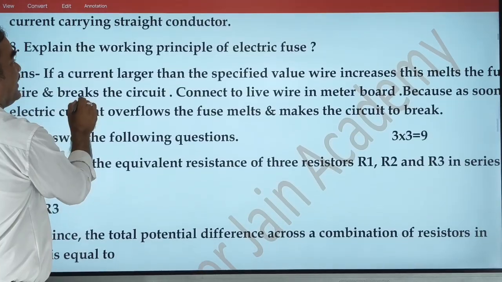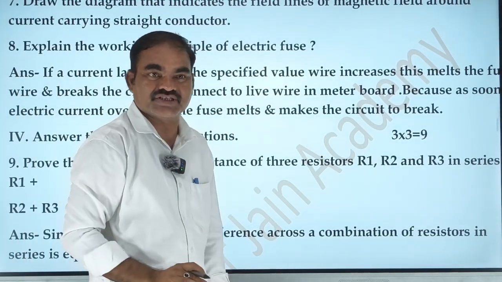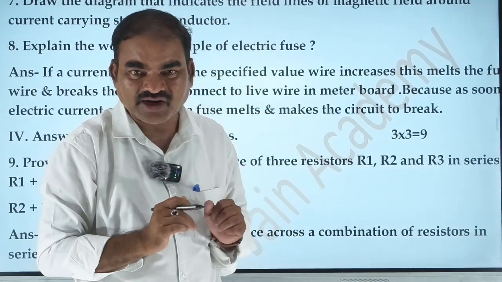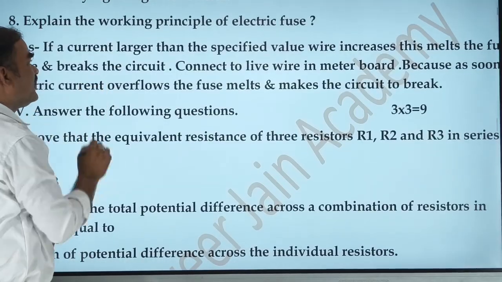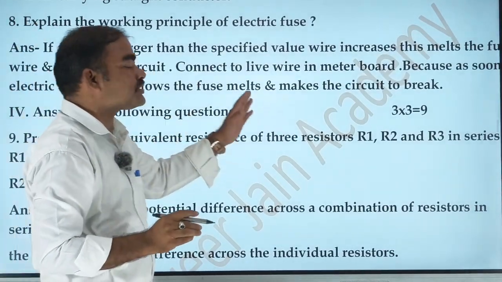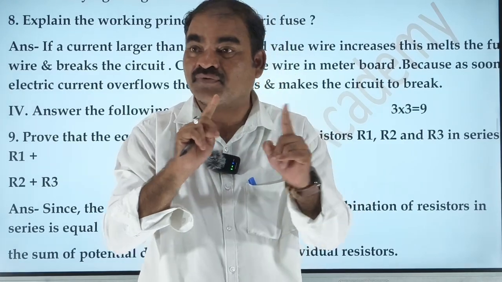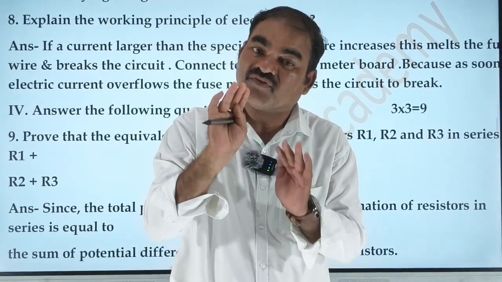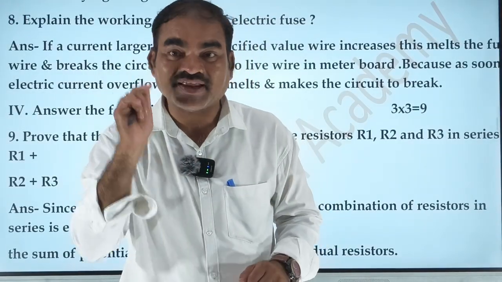Next one, explain the working principle of an electric fuse. How does an electric fuse work? If a current larger than the specified value flows, we know that in our home we have two types of current: if appliances are fewer, 5 ampere current; if appliances are more, 15 ampere current.